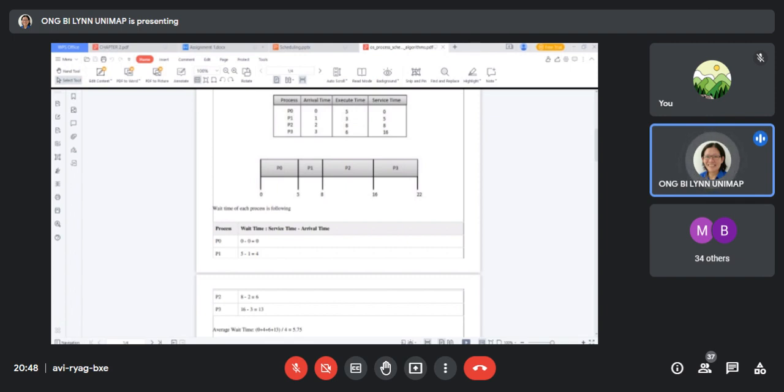When you do the questions, you are going to be confused. It looks quite simple, but when you do the assignment later, be a bit more cautious because you may make mistakes. So first come, first serve is still easy. It gets a bit more challenging when you do round robin later. So another 1 minute, perhaps, and we will go to the second one.